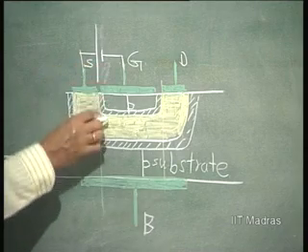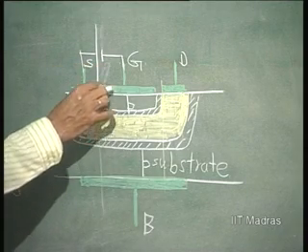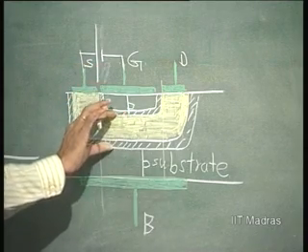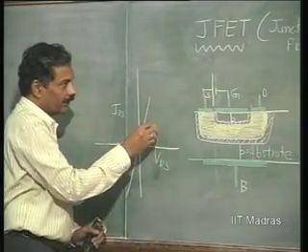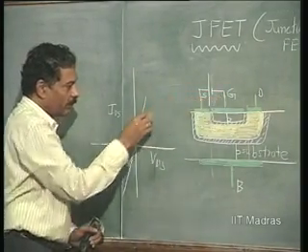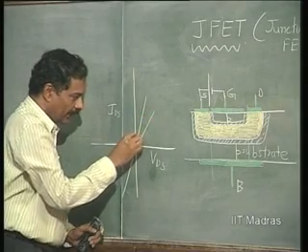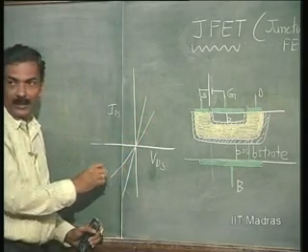If I apply more voltage, this depletion layer width will increase and the channel width will decrease. That means the more reverse bias voltage, that means this is made more negative, then we have this going like this.